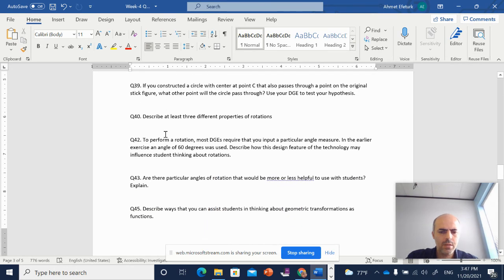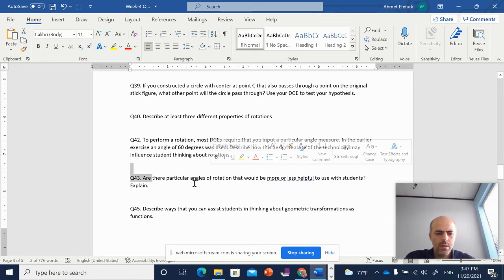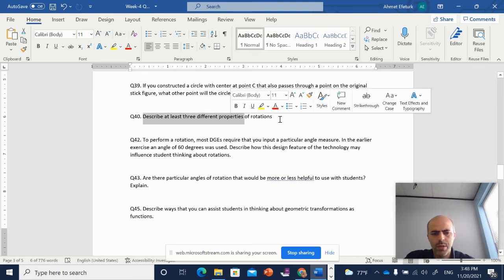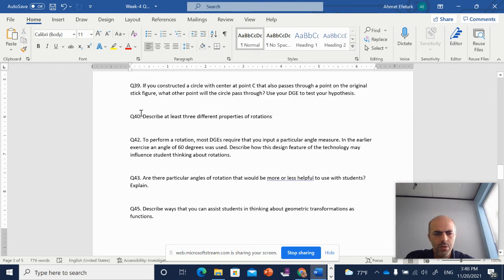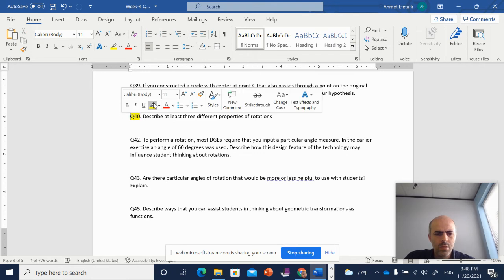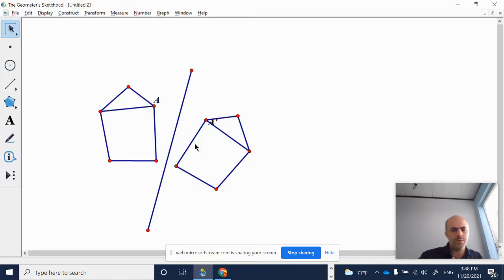Another one says, are there particular angles of rotation to perform, and describe at least three different properties of the rotations. Maybe we can draw this one also, but I will first tell what the properties of the rotations are.